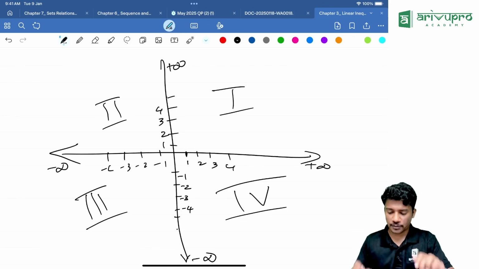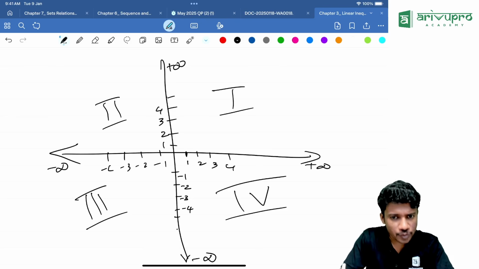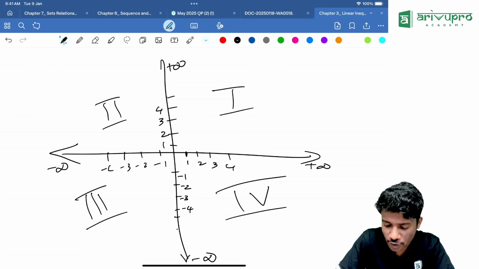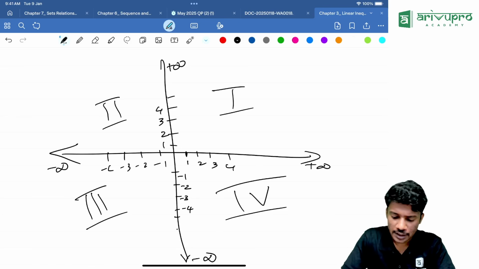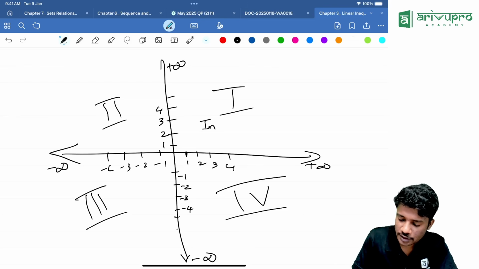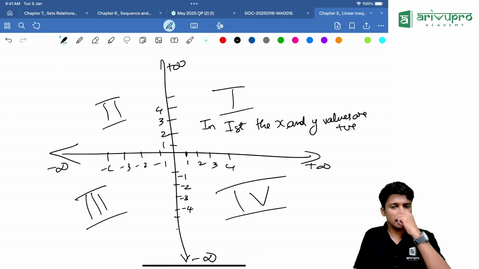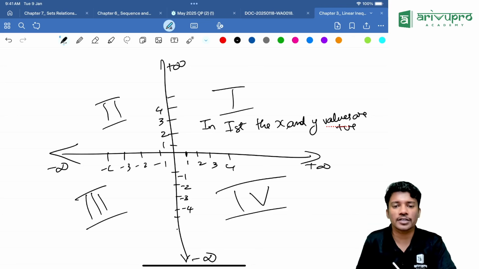Now my question, in the first quadrant, are x values positive? Is y value positive? Yes. So in first quadrant, the x and y values are positive. Got it? Yes. Then in second quadrant, what is happening?